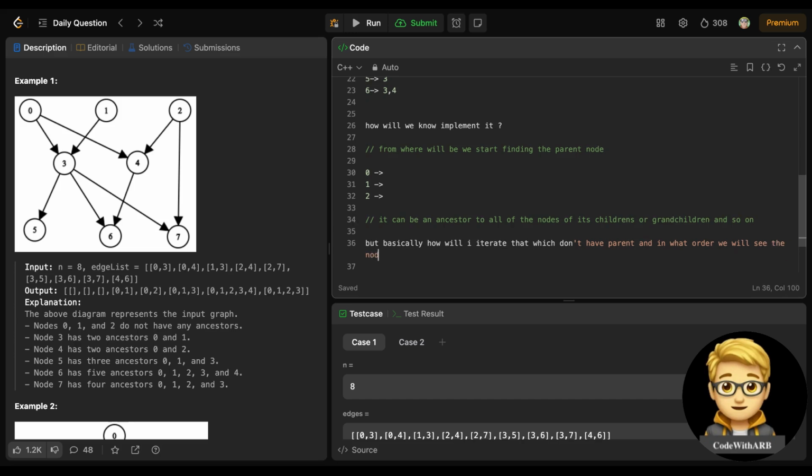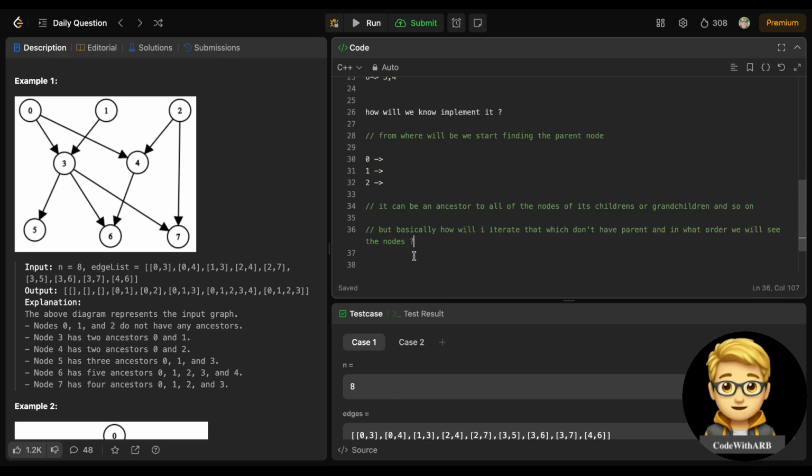The question now is the order. We will move in that order: the nodes which don't have a parent or have fewer parents should come first, and then the nodes which have more parents should come last.